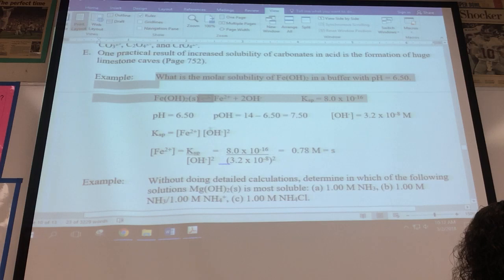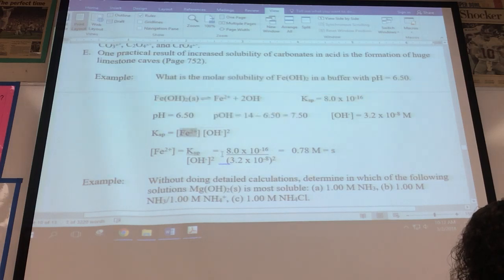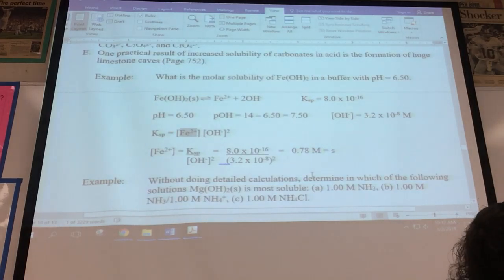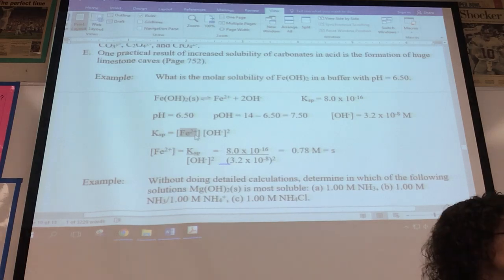So you've already got this piece. And why is molar solubility equal to the iron 2 ion concentration? One to one. Because the power of 1 on iron 2 plus. Yes. All right, so you could easily solve that.